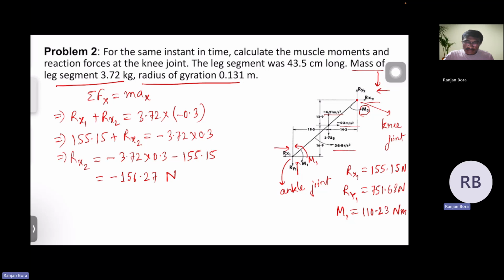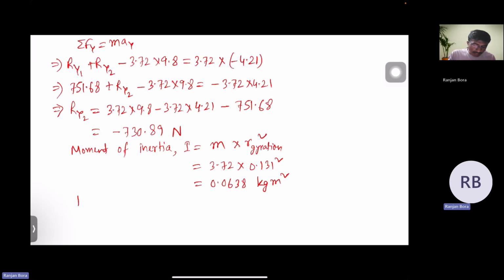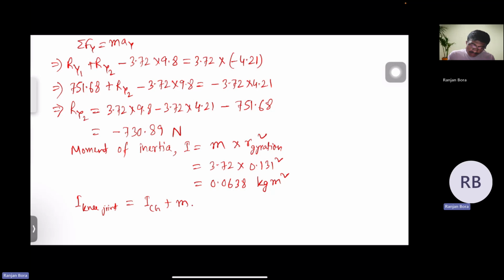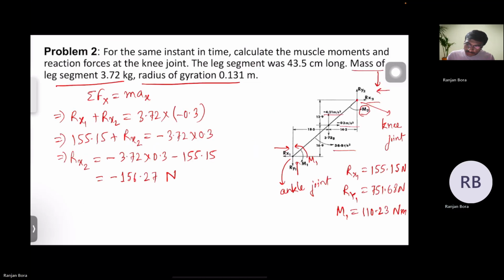So we need to apply the parallel axis theorem, which will be I about the knee joint equal to I about CG plus M multiplied by this distance squared. We need to find out this distance.